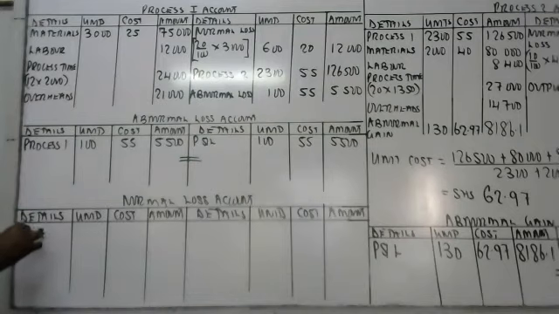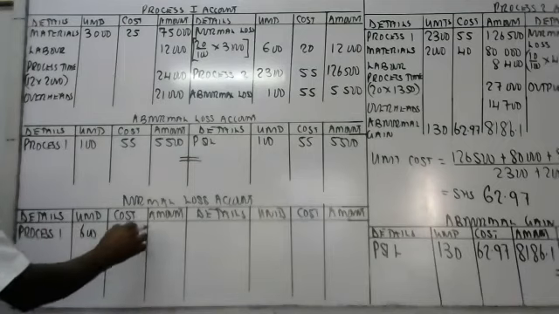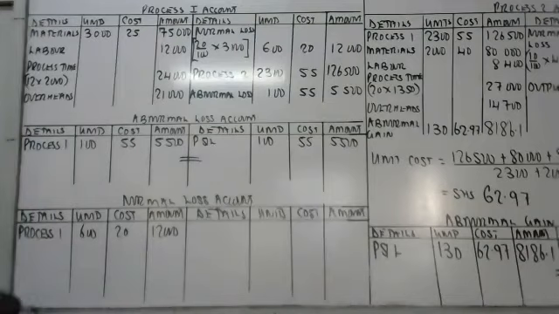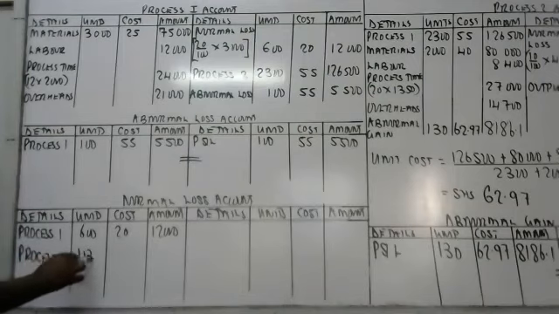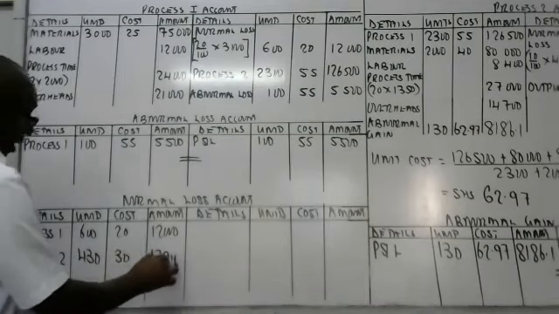So because of process one, we have 600 at 20. That gives us 12,000. Then because of process two, we have 430, each at 30, giving us 12,900.